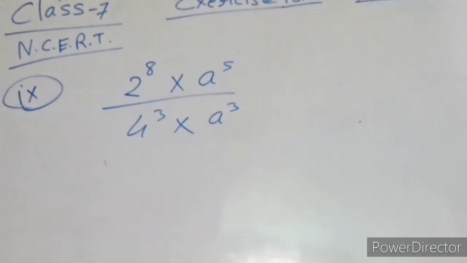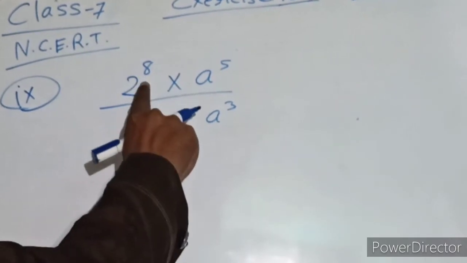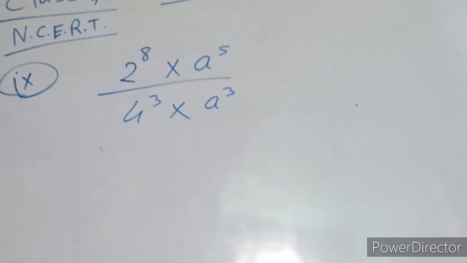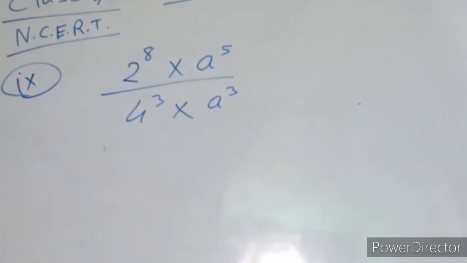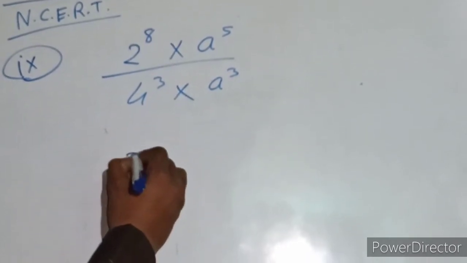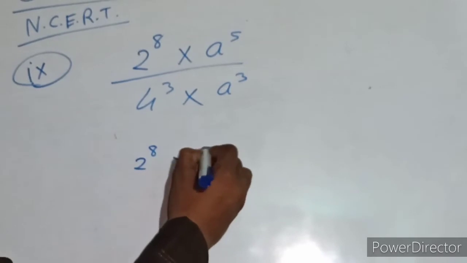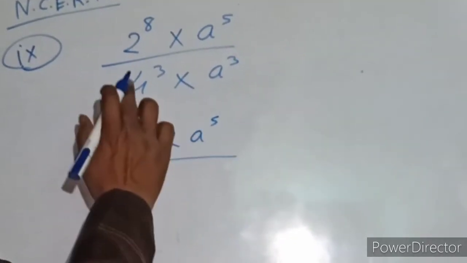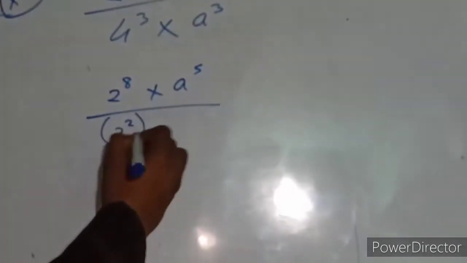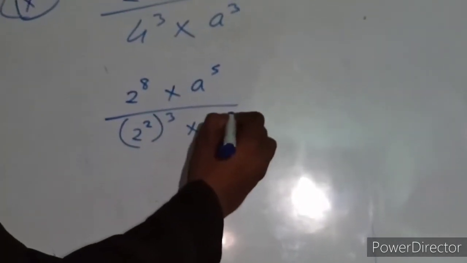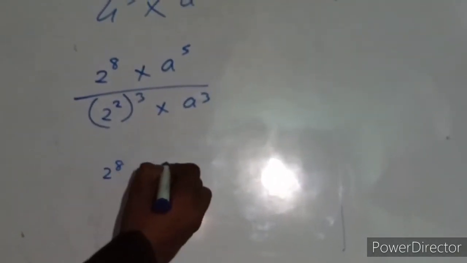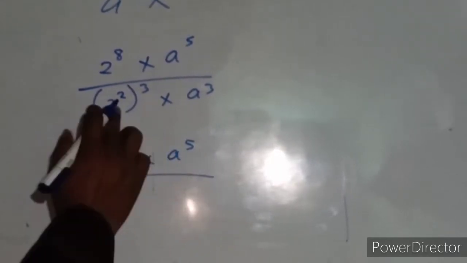Now take question number 9. In this question, this number and this number are in simplest form, but 4 is not in the simplest form. So first we will change it into the simplest form. So 2 raised to the power 8, a raised to the power 5. What can we write for it? We can write it like this: 2 raised to the power 2 and the power 3, a raised to the power 3. So 2 raised to the power 8, a raised to the power 5.